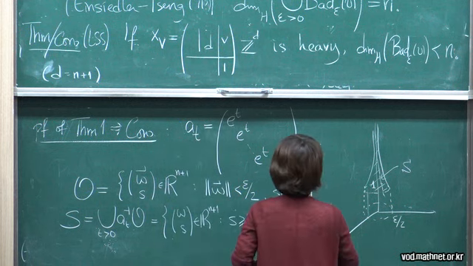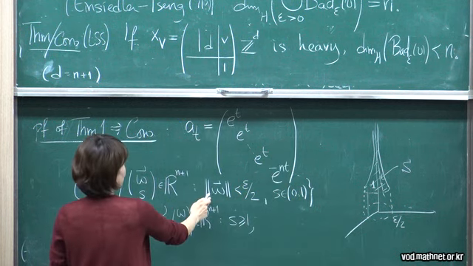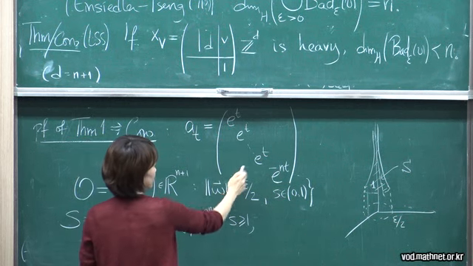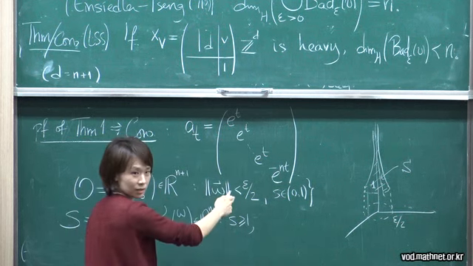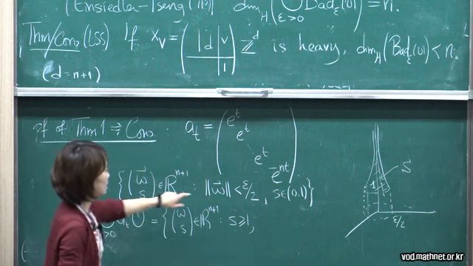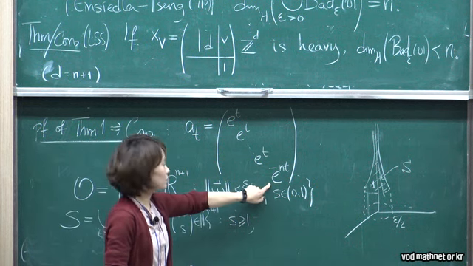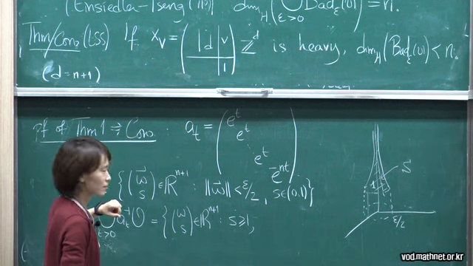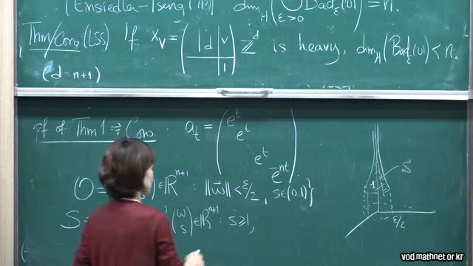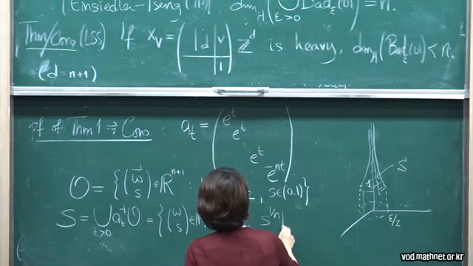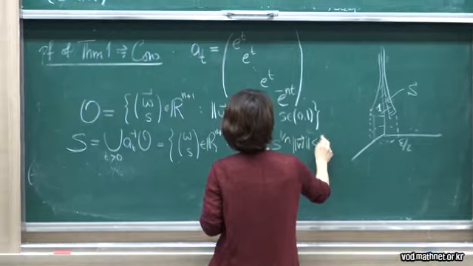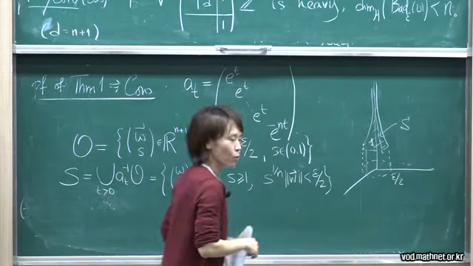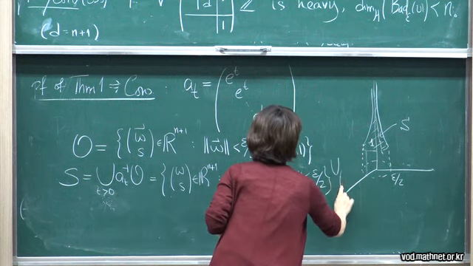If you look at A_t, you'll multiply all the vectors W by e to the t, and S will be multiplied by e to the negative nt. So we want to take S to the 1 over n, times W, which will be less than epsilon over 2. So this will be the spike except O. And so this is the union with O.